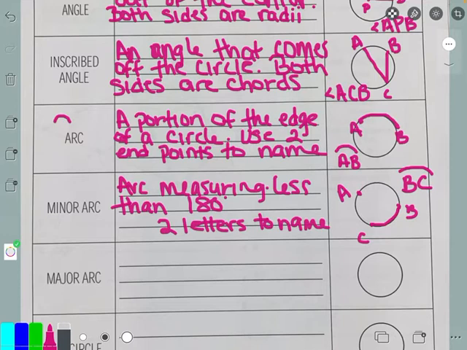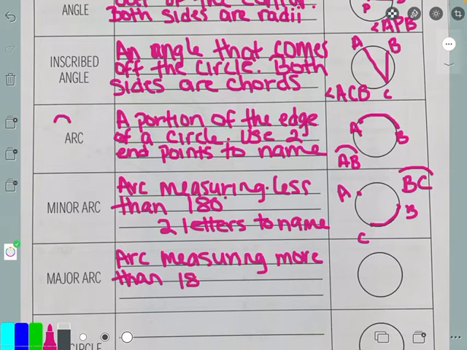So then major arcs, they measure more than 180 degrees. You use 3 letters to name them. That's how we know the difference.